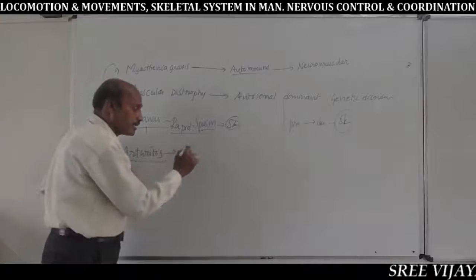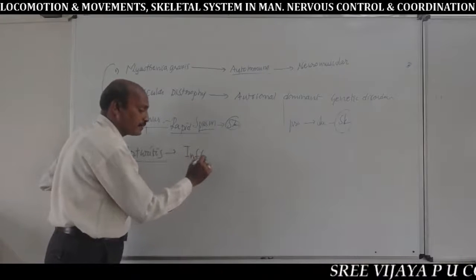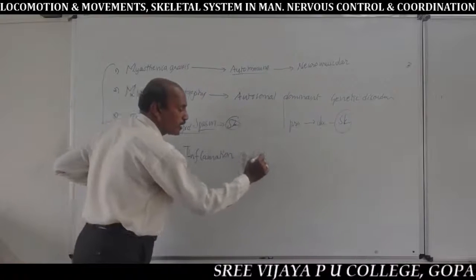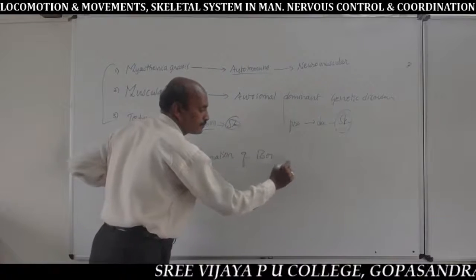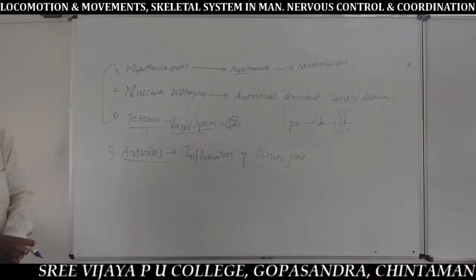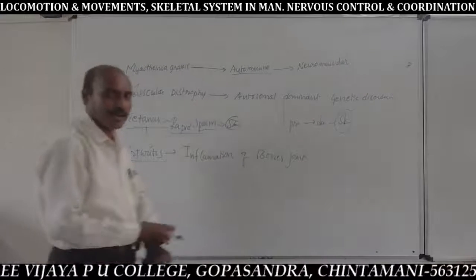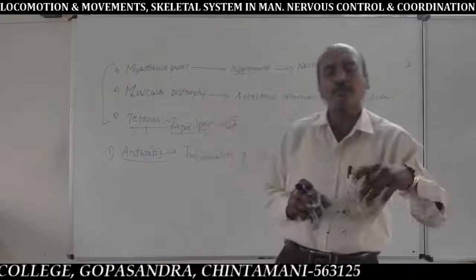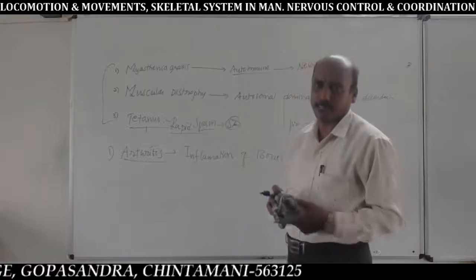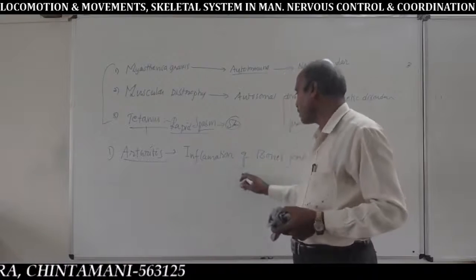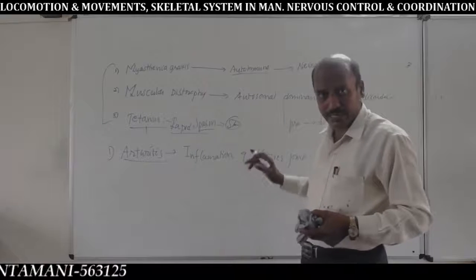Arthritis is inflammation of bone joints. Inflammation of bone joints is called arthritis. This is because the study of bone joints is called arthrology. That's why inflammation of bone joints is called arthritis.